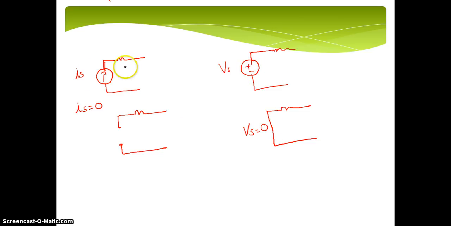A current source, I make inactive or equal to 0 by opening it. So this is open circuit and this is short circuit. For a voltage source inactive, short circuit. For a current source inactive, open circuit. This is the basic concept you should know before doing the superposition problems.